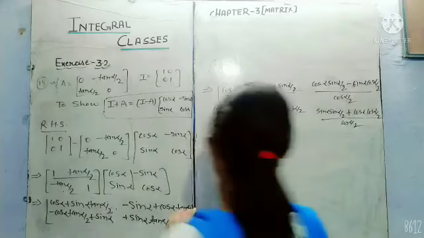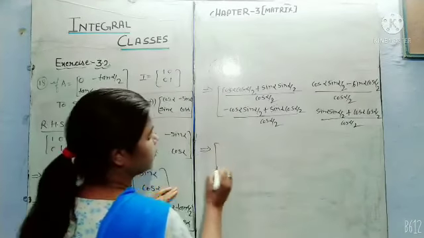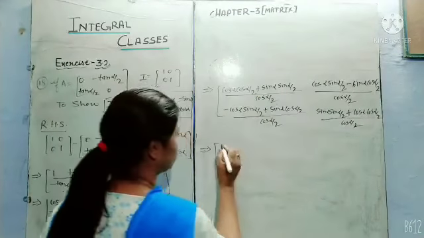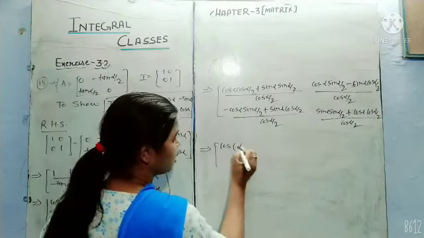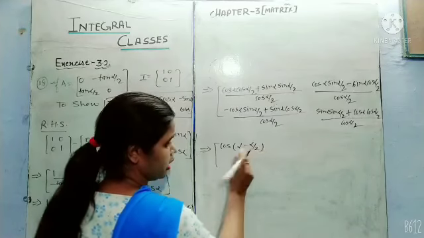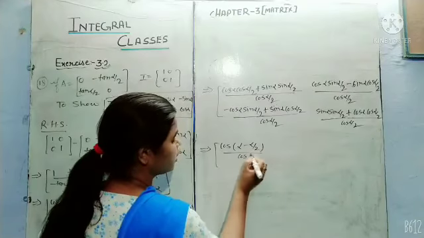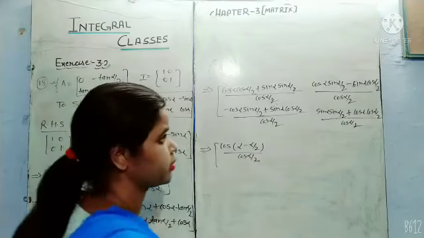Now student, as we observe here, cos A cos B plus sin A sin B is the formula of cos(A minus B). A is alpha and B is alpha by 2, upon cos(alpha/2) as it is.